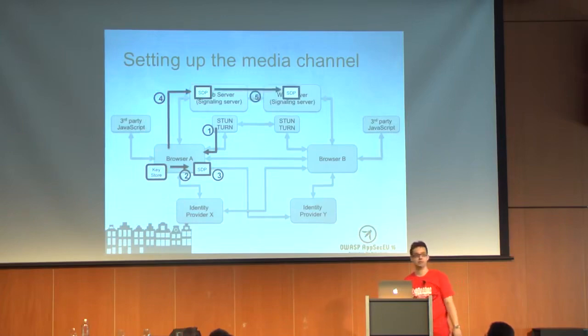So nothing bad happens. But what if one of the components, be it the signaling server or the third-party JavaScript, is able to modify the SDP? And as I said before, you're easily able to modify it because it's just a string representation of the SDP. At that moment, you could say, well, you don't have to connect to this IP address, or you have to connect to another IP address with another fingerprint.